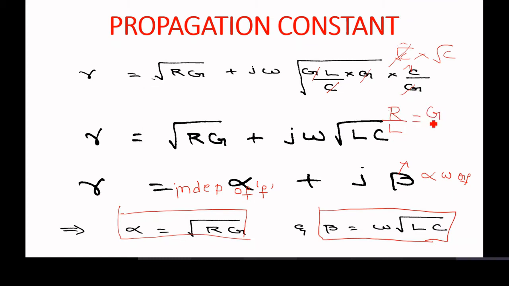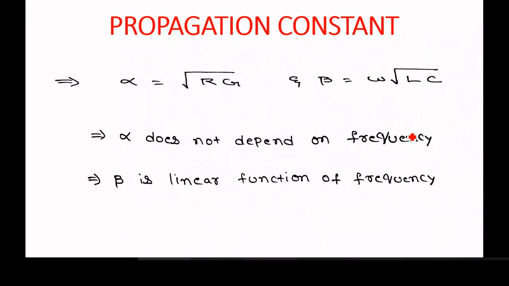So these two are conditions we are satisfying by taking this condition R by L is equal to G by C. These substitutions we have taken by making this assumption R by L is equal to G by C. So the propagation constant alpha is equal to square root of R into G and beta is equal to omega root LC.